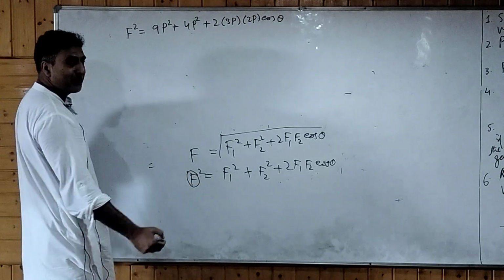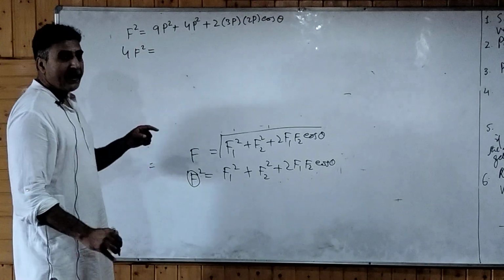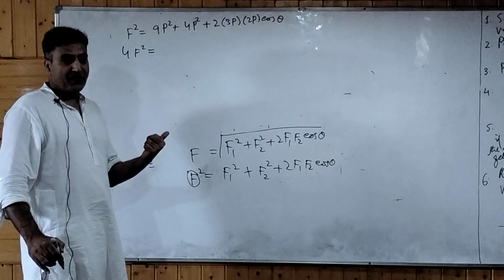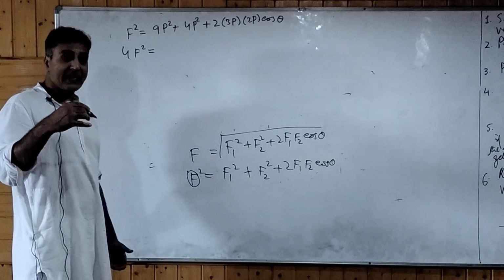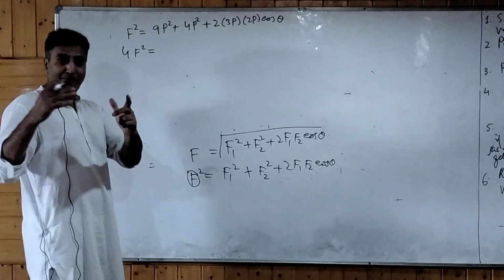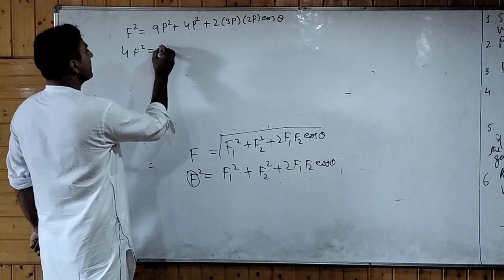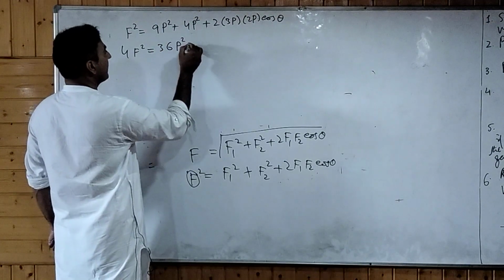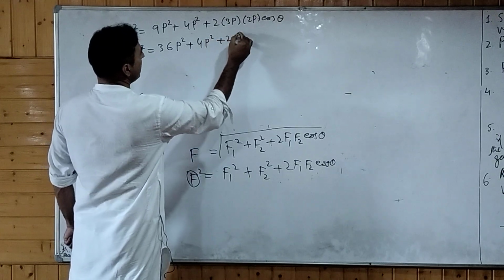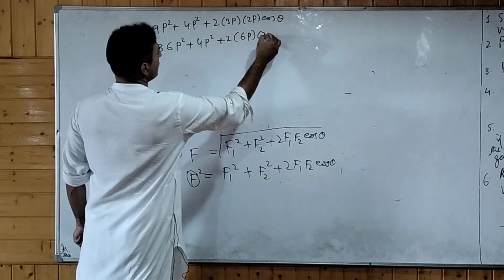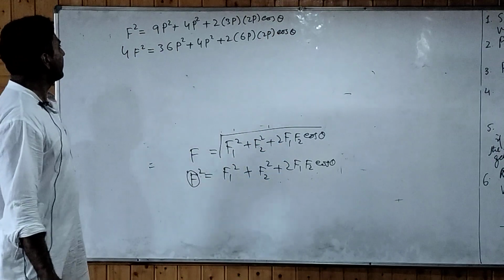This resultant becomes double, that is 4F square is equal to, and the first force that was 3p is doubled, that becomes 6p, but here it is square of F1, that is 36p square. Second is the same, 4p square, plus 2 into 6p into 2p cos of theta. These are the two equations.